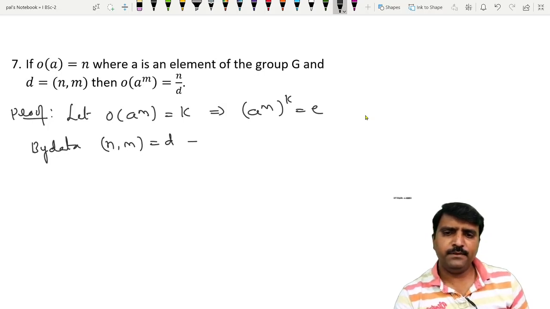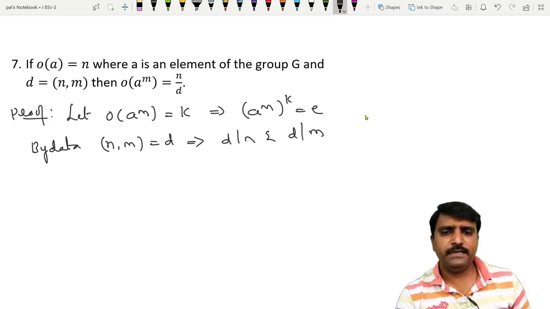So what does it imply? d is the greatest common divisor of m and n. So definitely d divides n and d divides m. This is the symbol we use for divides. So d divides n and d divides m. That means we can express n as a multiple of d.